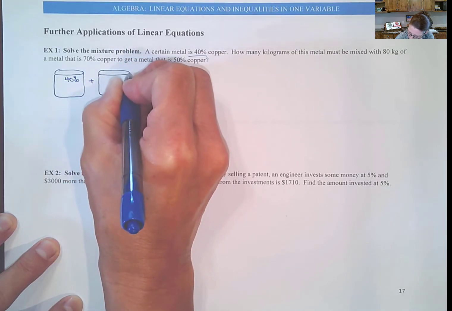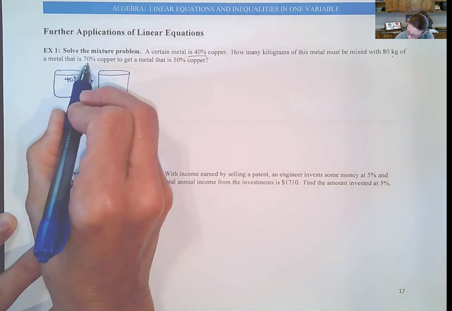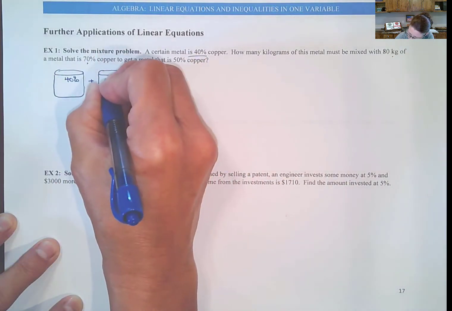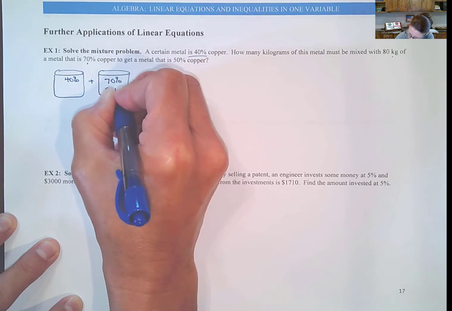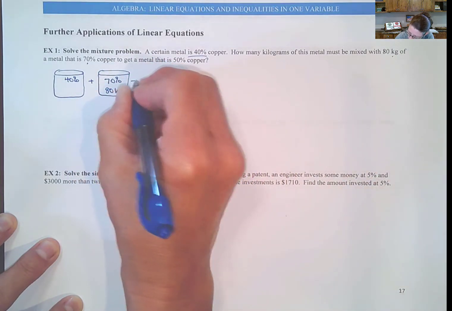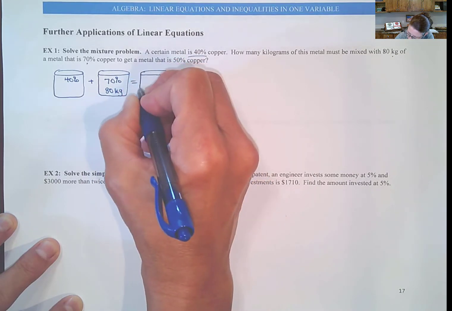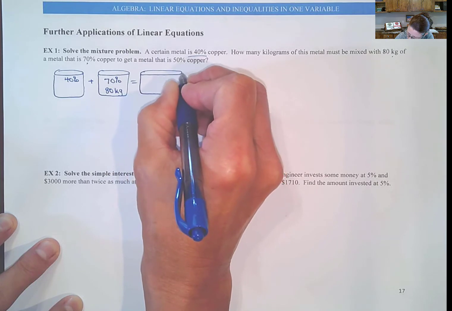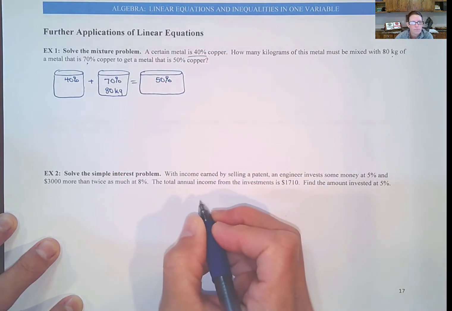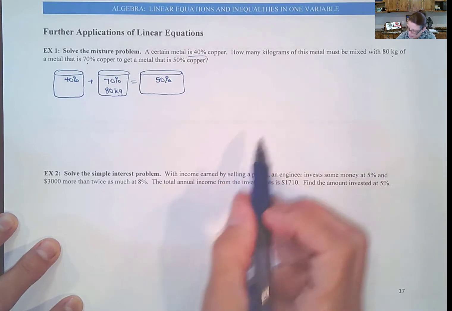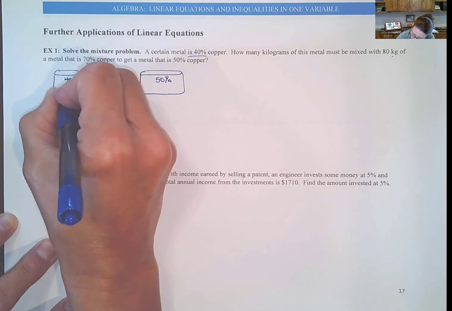Here's our second container, containing 80 kilograms of a metal that's 70% copper. Together, when we mix these, we're going to obtain a metal substance that is 50% copper. Now, our question is how many kilograms of the 40% copper is going to be mixed in?